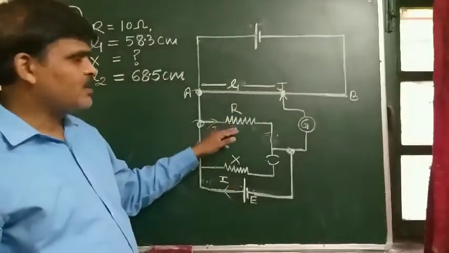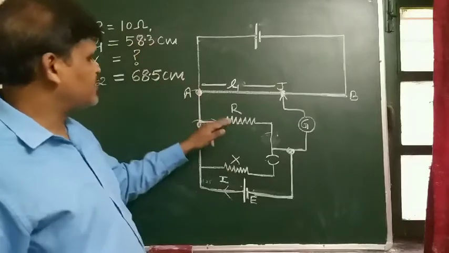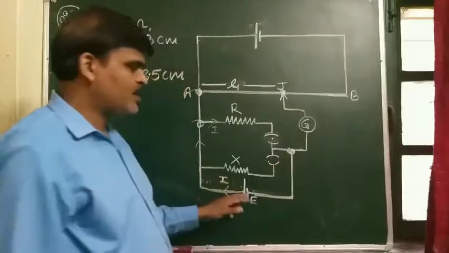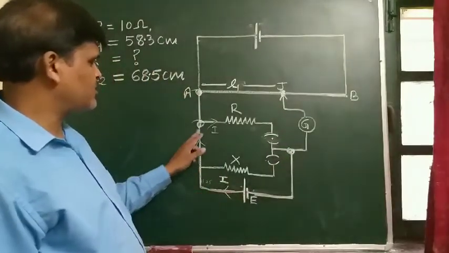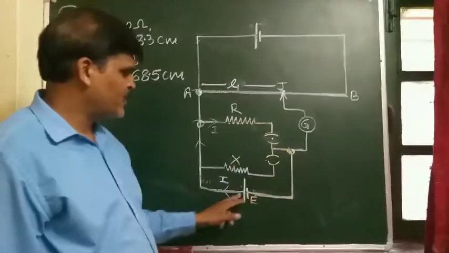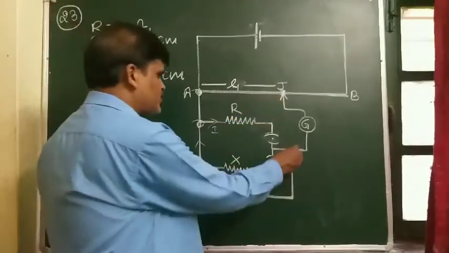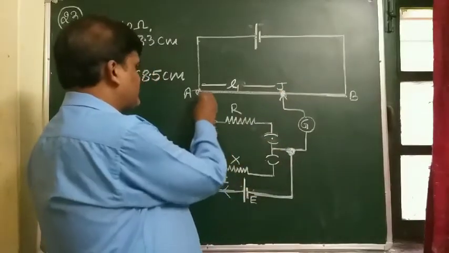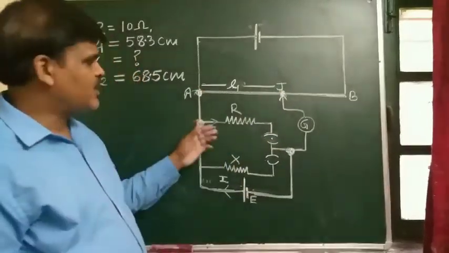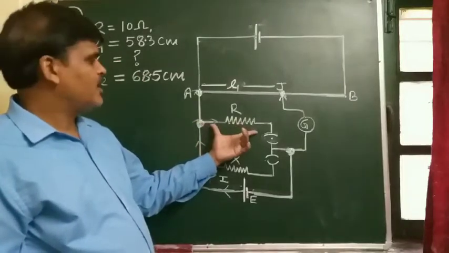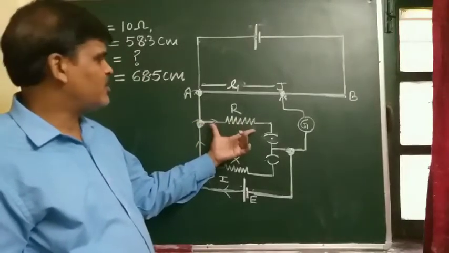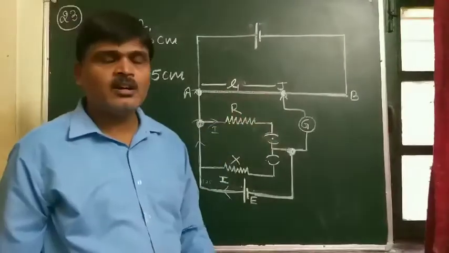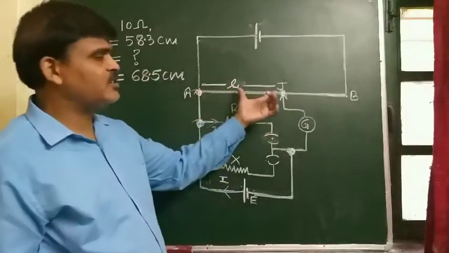So in the first case, the standard resistance R is inserted into the circuit by inserting the key. Current flows through this cell into the standard resistance, and when the null point is obtained, the potential drop across R is equal to the potential drop across AJ.